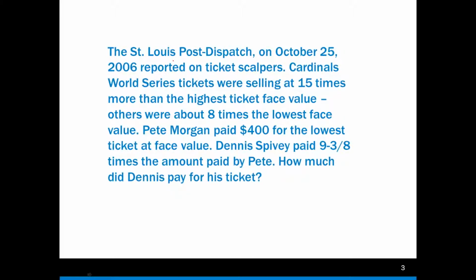Cardinals World Series tickets were selling at 15 times more than the highest ticket face value. Others were about 8 times the lowest face value. Pete Morgan paid $400 for the lowest ticket at face value, and Dennis Spivey paid 9 3/8 times the amount paid by Pete. How much did Dennis pay for his ticket?